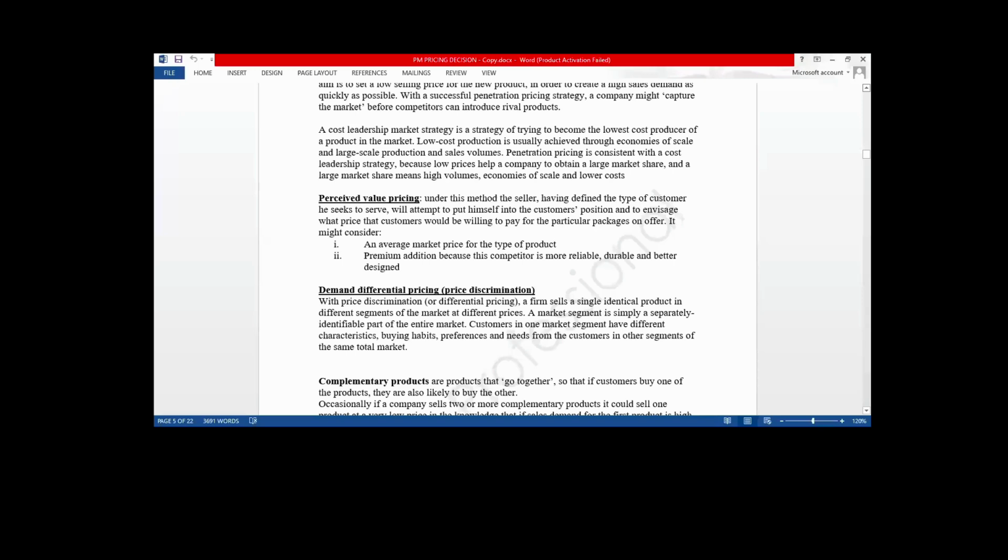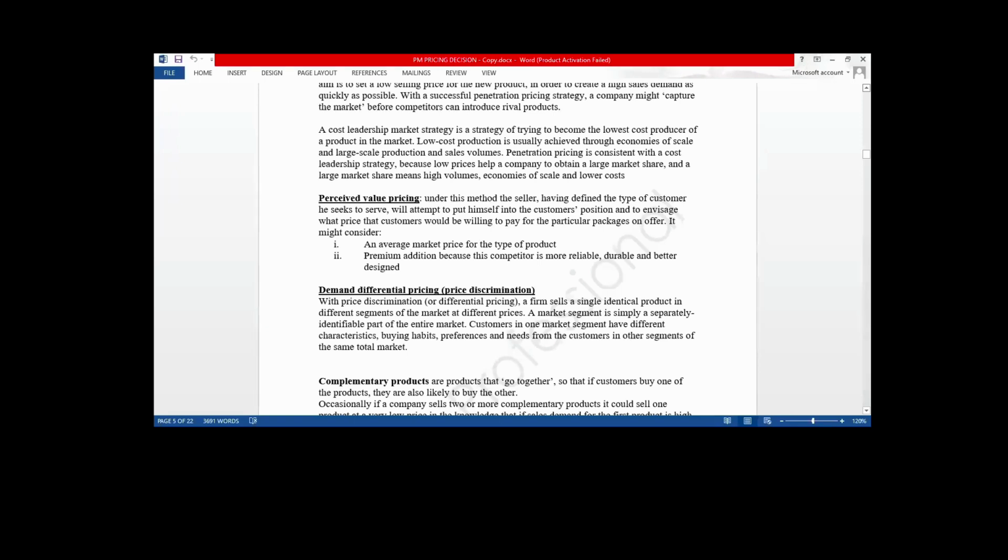If you are able to achieve production at the lowest cost, then you can afford to charge a low price for your products. By charging a low price, you are going to have more patronage from the customers. That means you are going to achieve volume, higher turnover. Higher turnover will give you your profits.